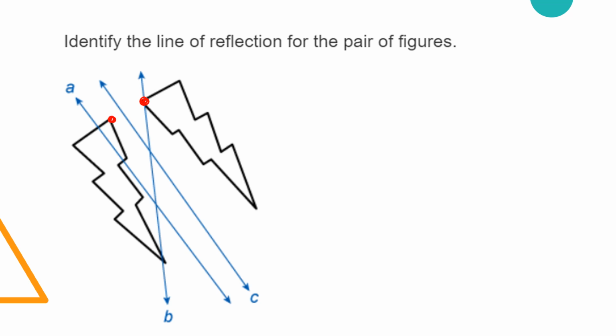C looks like it could probably work, right? It might be a little closer to this one than this one, but it looks better than line A does. So line C would be your answer there. Also, the corresponding points would be perpendicular to that line C.